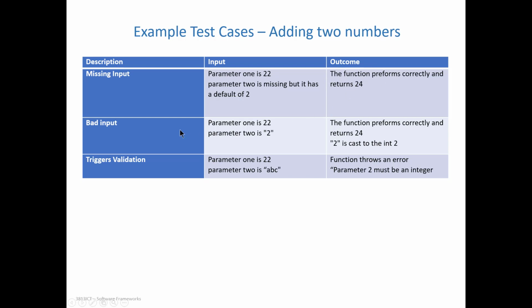If we have bad input, so we're putting in a number and a string, then we still get a good answer. JavaScript will automatically try to convert the type of a string to a number, in which case it will cast it to an integer of 2, and so all is good.